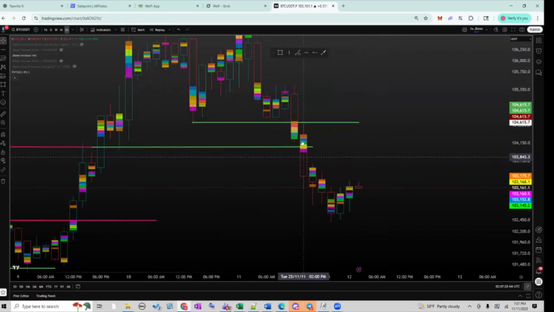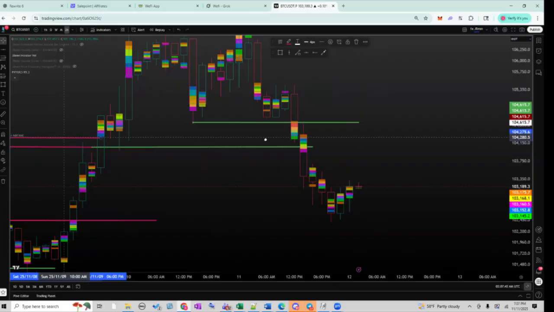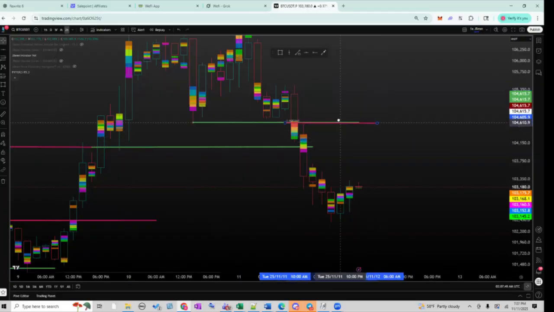It's not support anymore. Because we broke it, it turned into resistance. So if I'm here, I'm going to predict a potential down move. I've got pressure. This one is here, but this is the one that's my high.